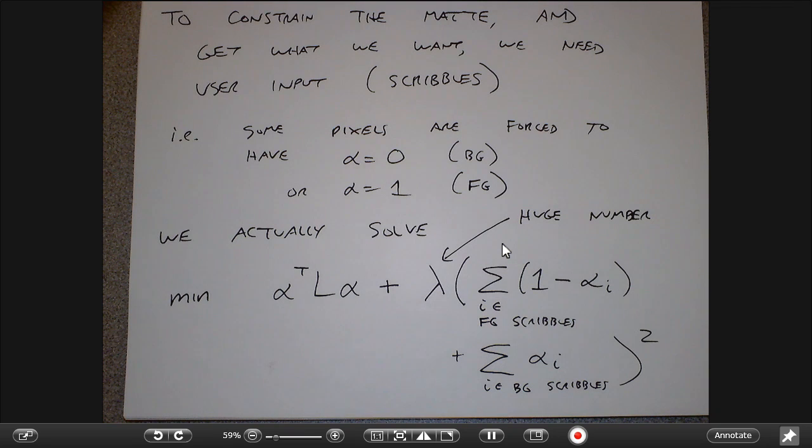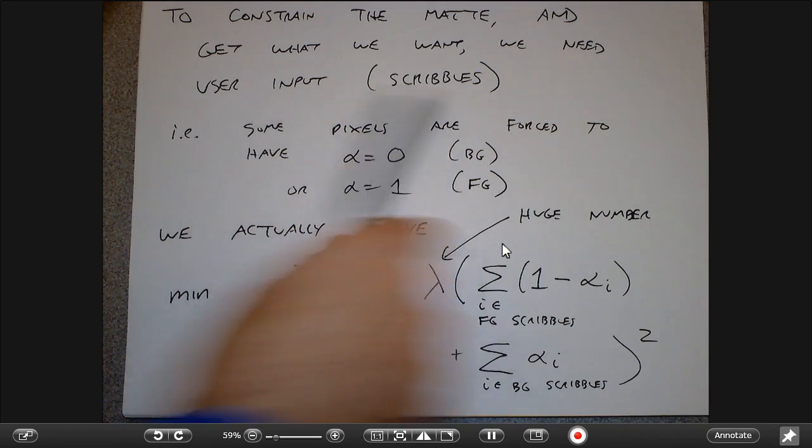And that means that you can always get to the true matte if you just keep on scribbling enough, right? So there may be some iterative process where you initially scribble a little bit, see what you get, scribble a little bit more, see what you get. And that's really the way the process works in practice.